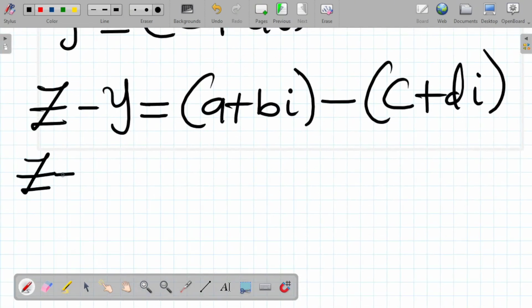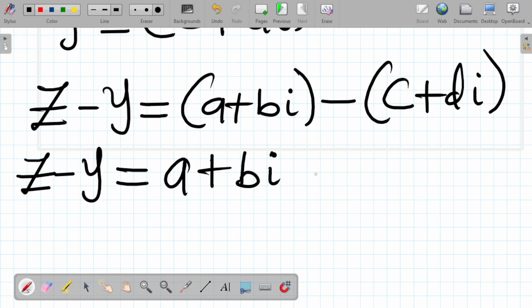So z minus y is equal to, we open up the brackets, so we have a plus bi, and then minus multiplies c, so we have minus c, and then minus multiplies positive di, so we have minus di.